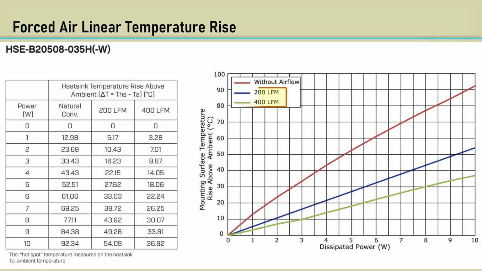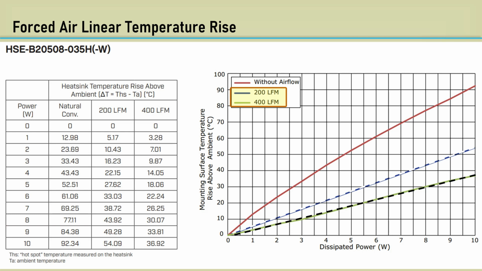We will also include the data for the heatsink when forced air cooling is used. In most cases, the relationship between the dissipated power and the temperature rise is very linear with forced air. Look how close these straight dashed lines lay over the top of the graph.